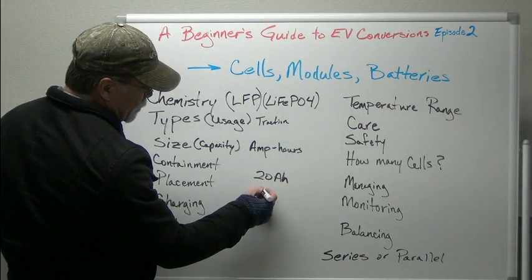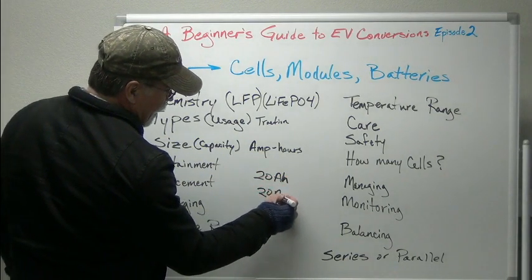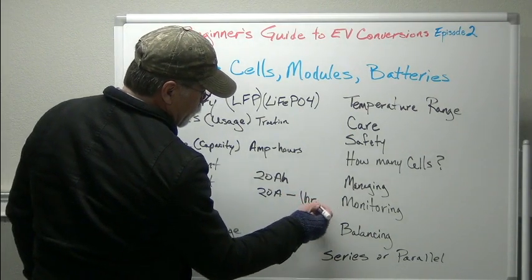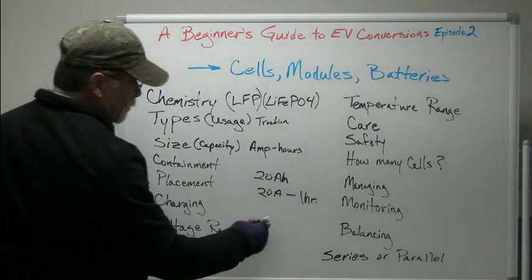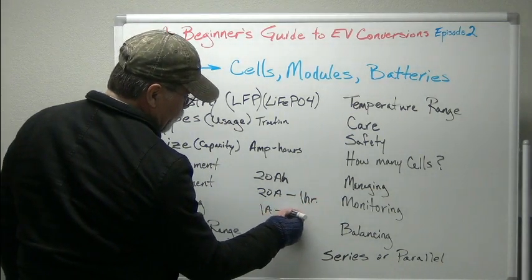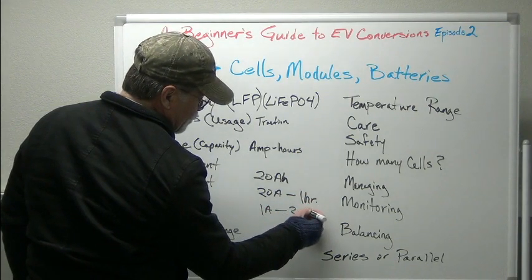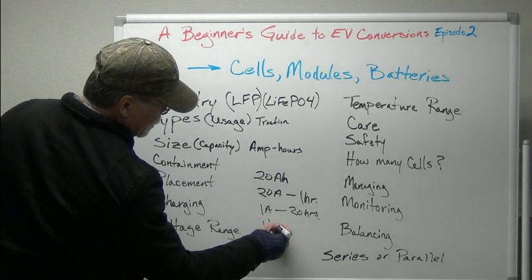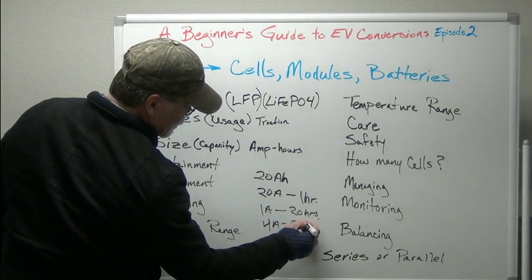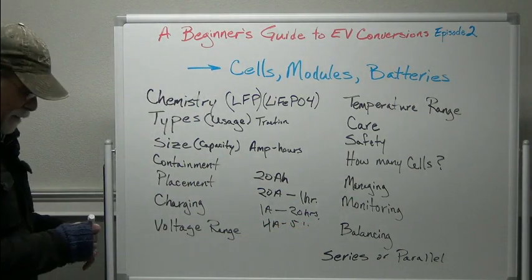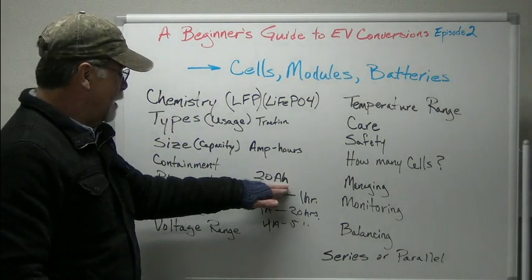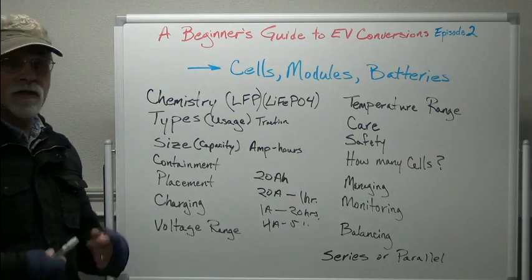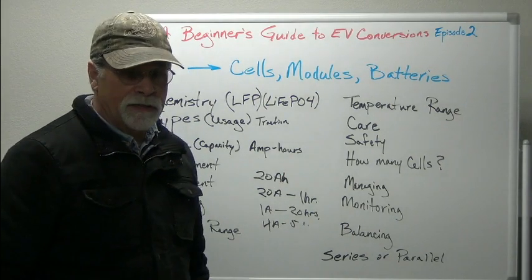It has the ability to deliver 20 amps for 1 hour, or it could deliver 1 amp for 20 hours, or it could deliver 4 amps for 5 hours. You get the idea? So this is just a capacity of storage. How much current can it release over a period of time?